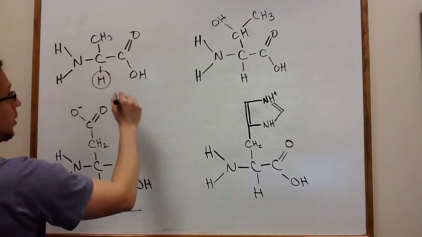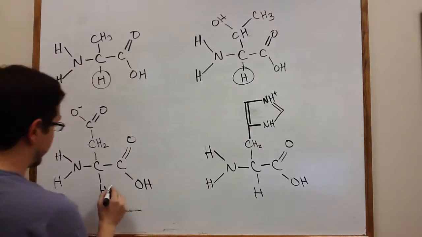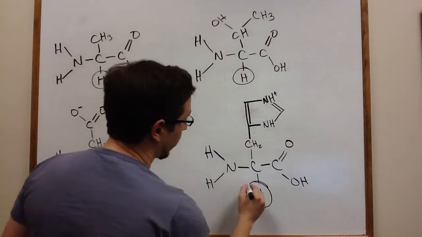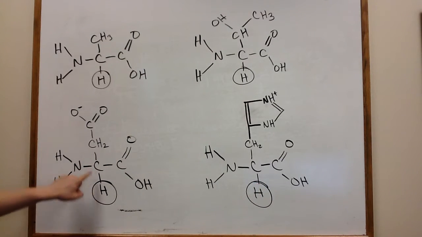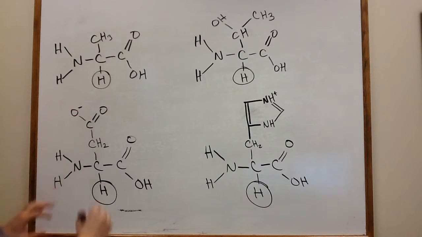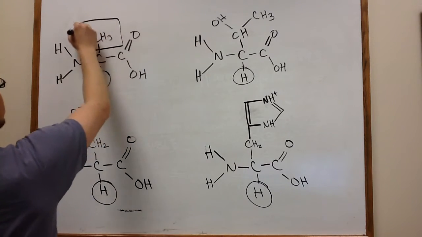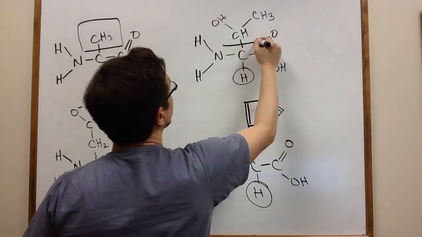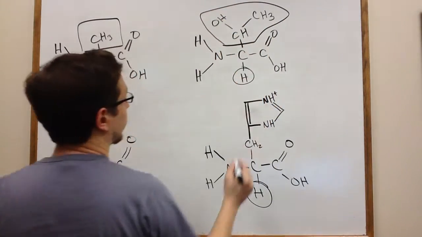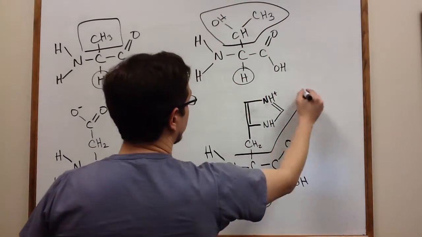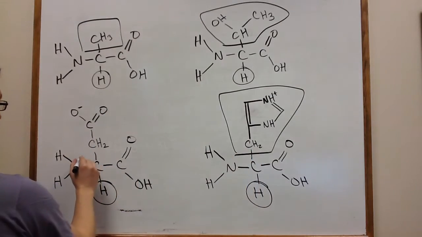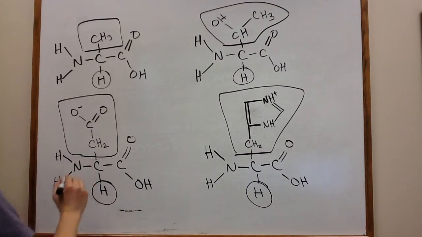Find the hydrogen on each of the asymmetrical carbons and look exactly opposite it to see what the R group is. So here's the R group, here's the R group, here's the R group, and here's the R group.